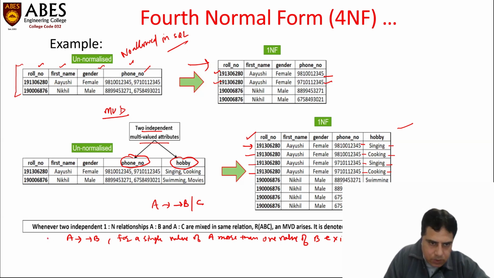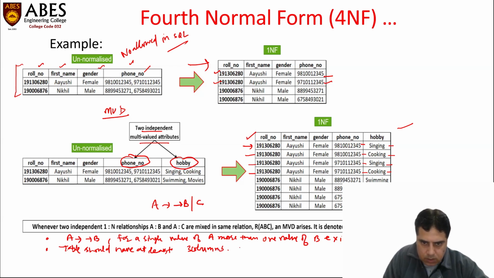Second, the table should have at least three columns: one is the primary key and two are independent multi-valued attributes.